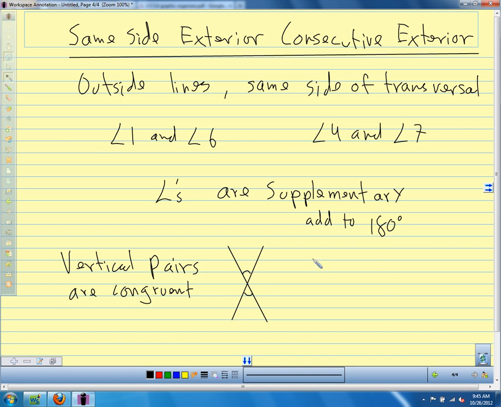And then linear pairs are when we have angles that look like this. So this would be a linear pair. And if we look at our graphic organizer, there are lots of linear pairs there. What do we know about linear pairs? Supplementary.